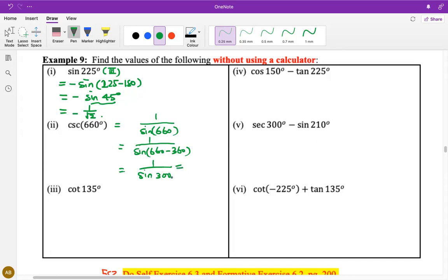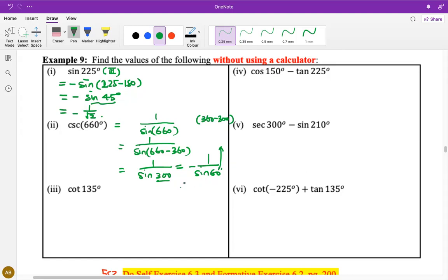This one is in quadrant number 4, therefore negative 1 over sine 60 degree. Correct, because the reference angle is 360 minus 300. So you get sine 60 degree. So what is sine 60 degree?